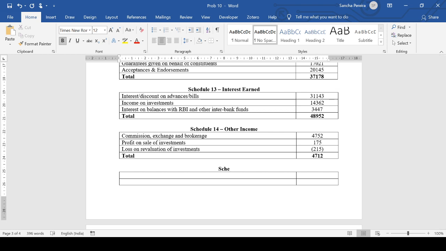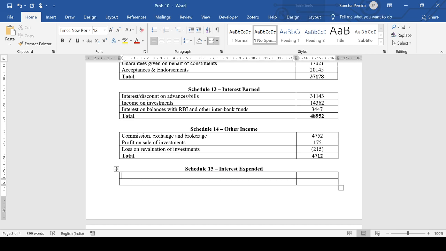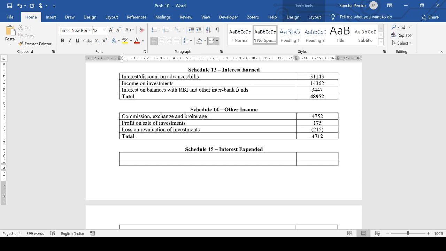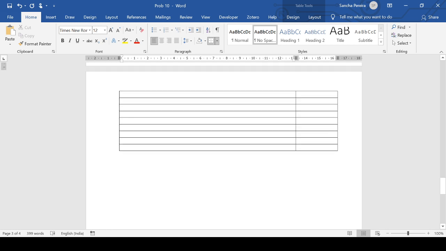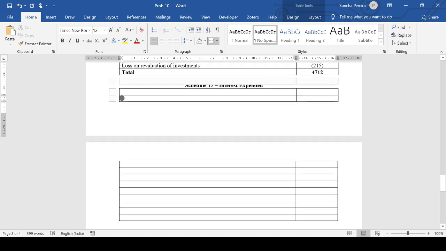Schedule 15 is interest expended, which I think has two items. Look at the debit balances now.